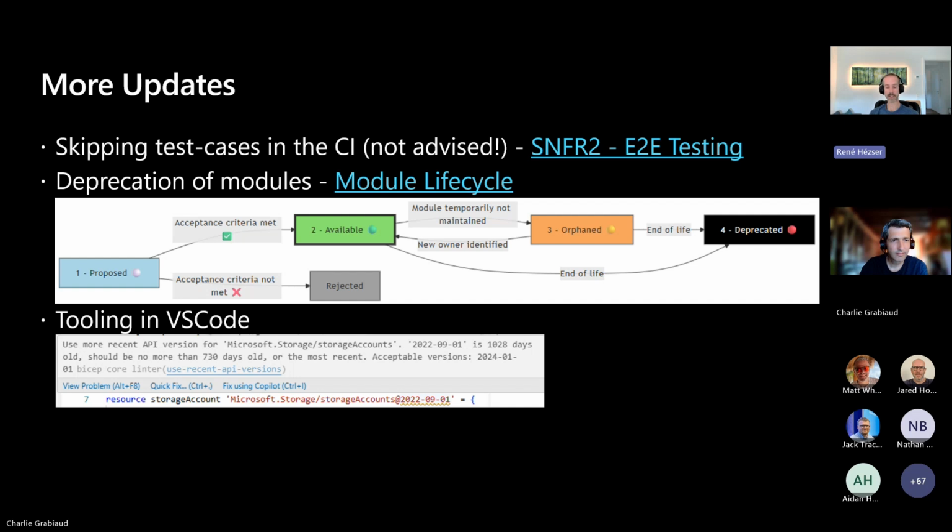You can just click on it, or use shortcuts, to update to a newer version, which makes it feasible. You can see when you are referencing older versions, and this applies to resource modules, also ARM resource provider modules, and also to AVM modules.